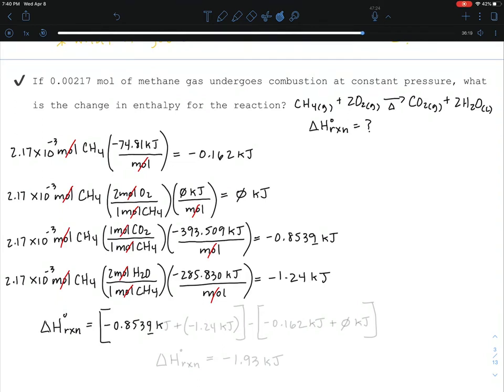And that's kilojoules of energy, right? And then we're going to add to this the negative 1.24 kilojoules of energy associated with the formation of the water. To get the change overall for the enthalpy in the entire reaction, we have to subtract the amount of energy that was necessary to break up the reactants, right?